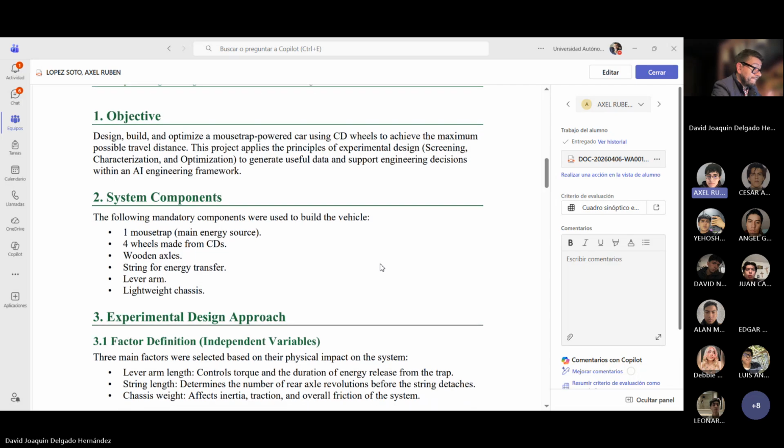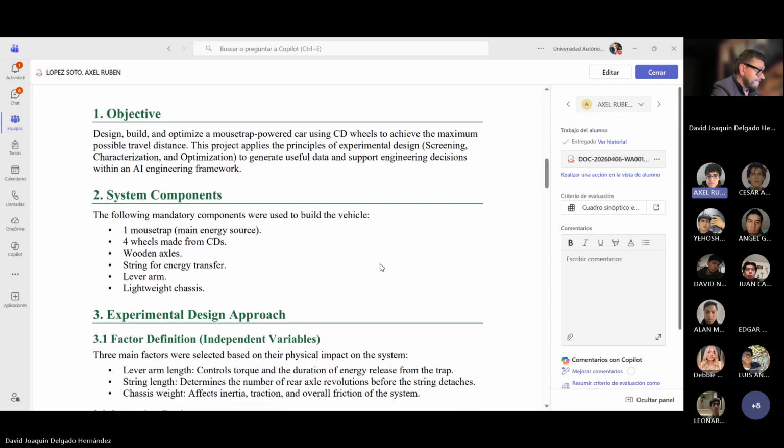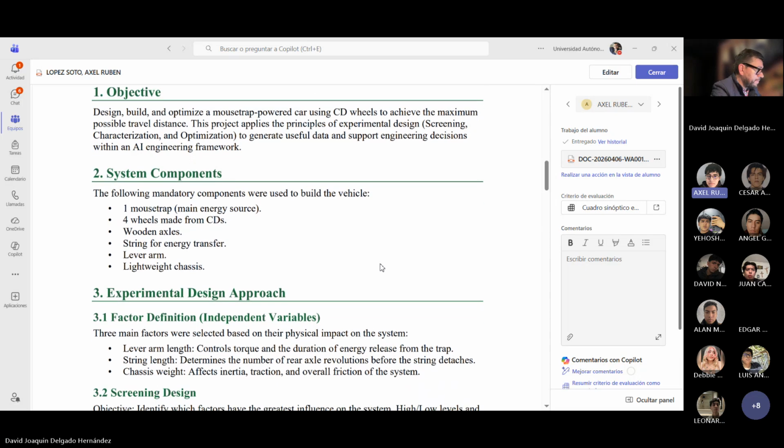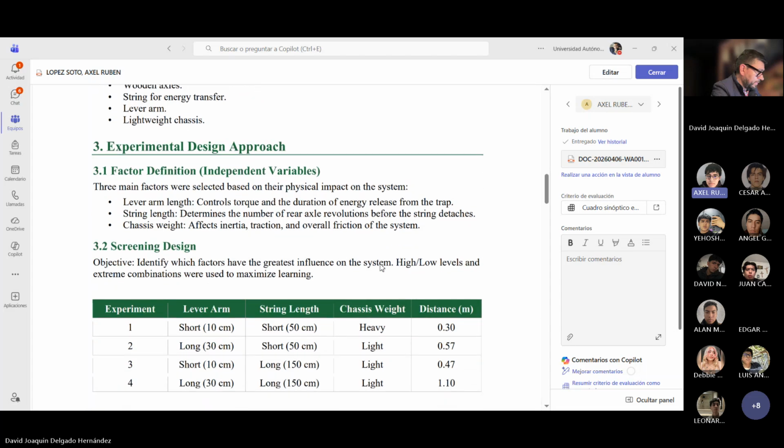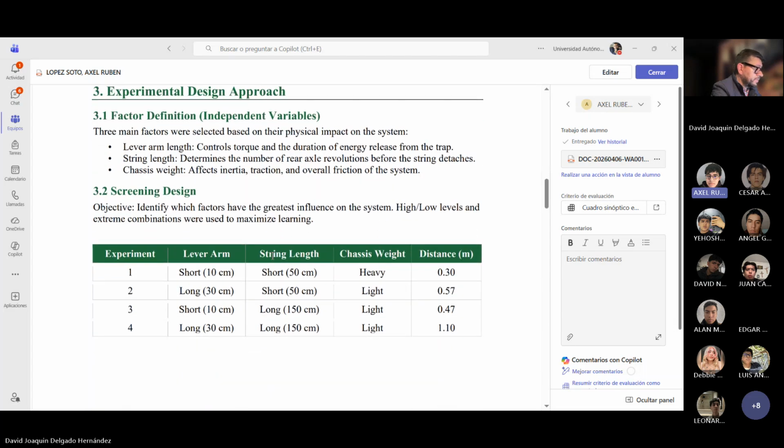To do this, we didn't just use trial and error. We applied the principles of experimental design. We tested three independent variables: the lever arm length, the string length, and the chassis weight. During our screening phase, we discovered that the lever arm length was the most influential factor on the car performance. So we isolated it for the next stage.